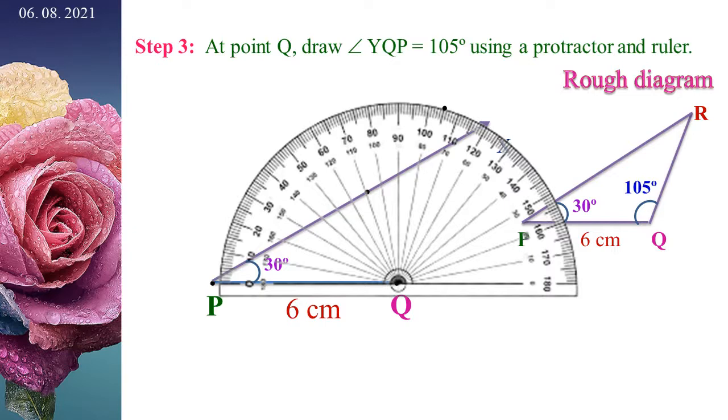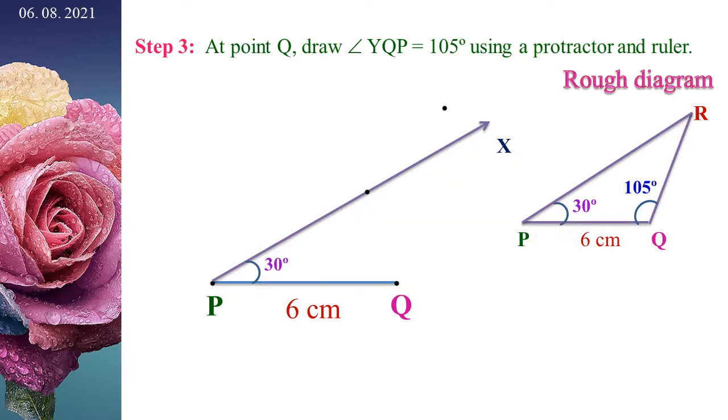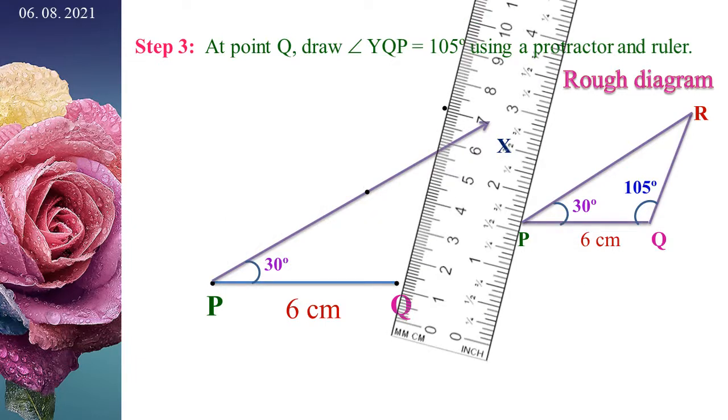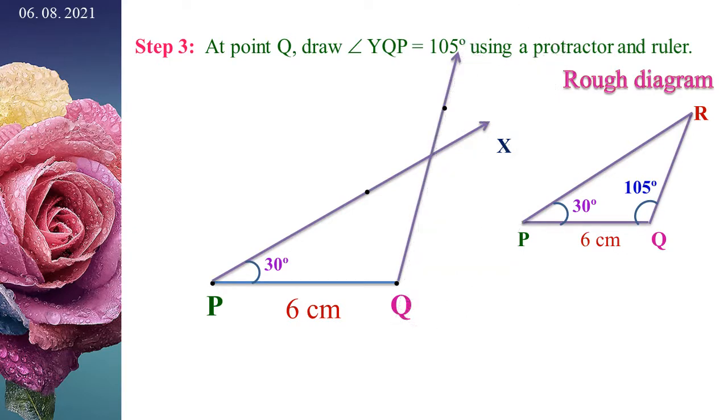Between 100 and 110 is 105. Mark an angle 105 degrees. Remove the protractor, take a scale, join the line, remove the scale, mark an angle 105 degrees. That line is called Y.